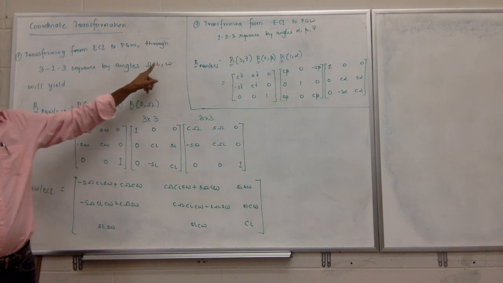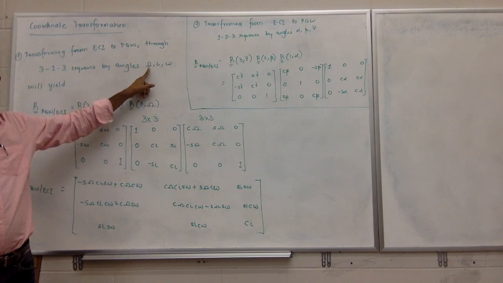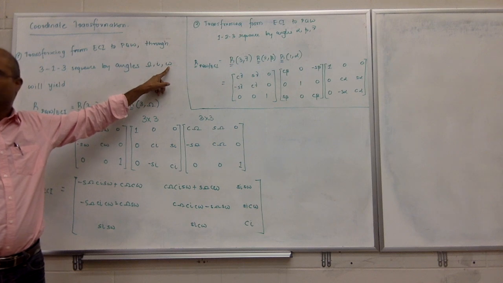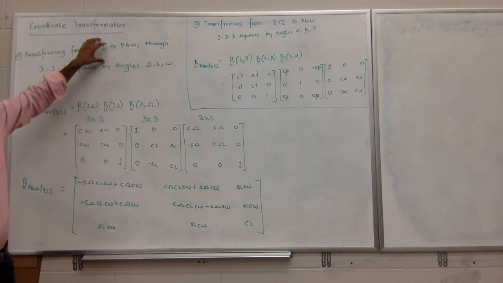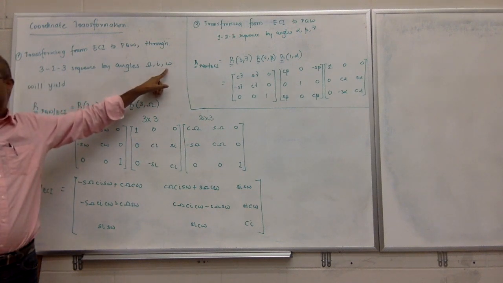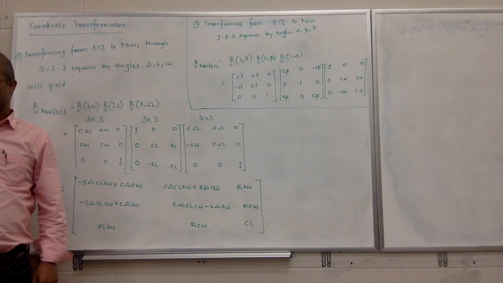This is the right ascension of the ascending node, this is the inclination, this is the argument of perigee. So if you are in the ECI, you do a 3-1-3 rotation by these angles and you get into PQW. You get it?